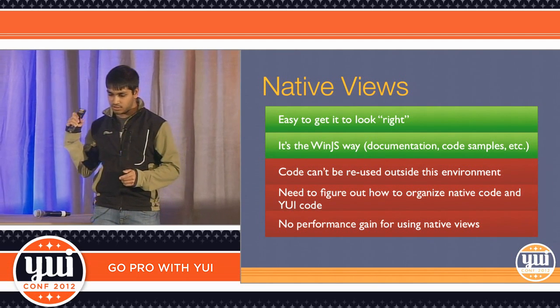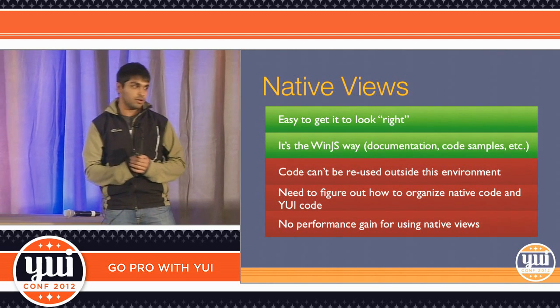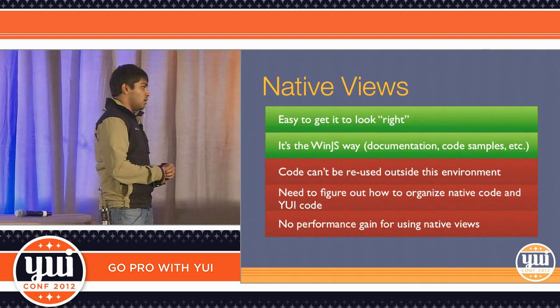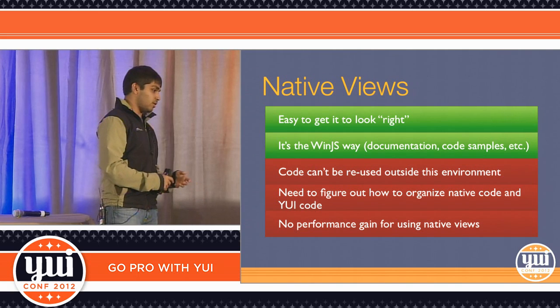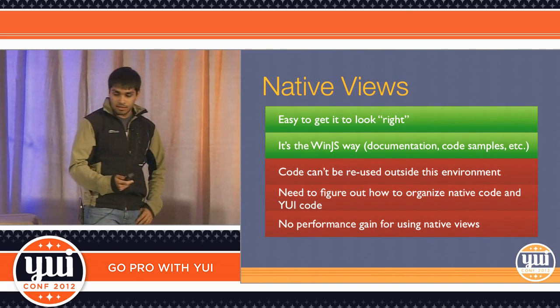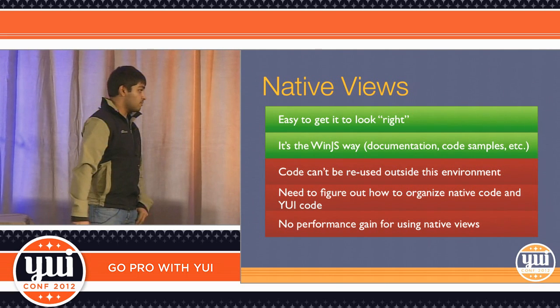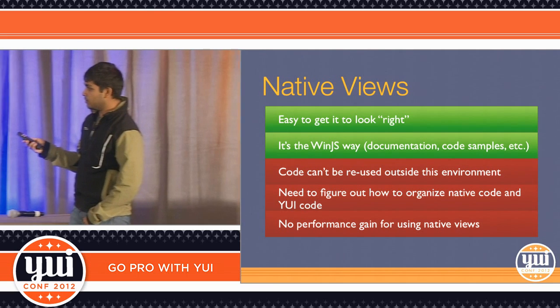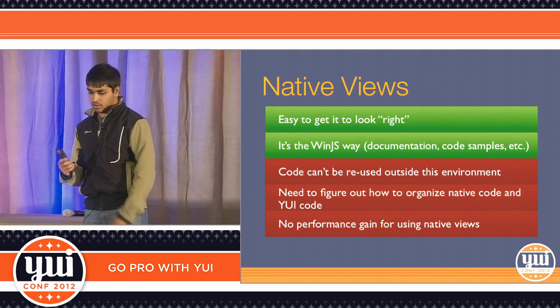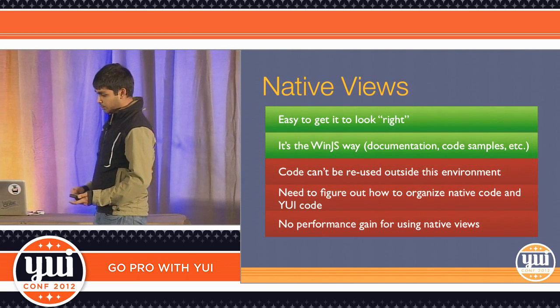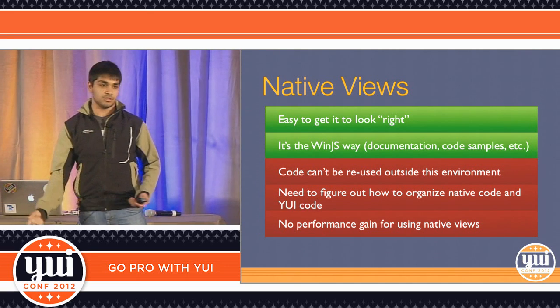But let's look at the cons here. You can't use the code outside this environment. These views are proprietary to the environment, and they're only using HTML, CSS, and JavaScript anyway under the hood. The other tricky thing that I ran into is you have to figure out how to organize this native code, the native API code, with the YUI code. So if you have a model list, you can't pass the model list into a native view.